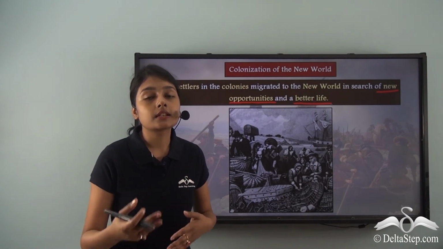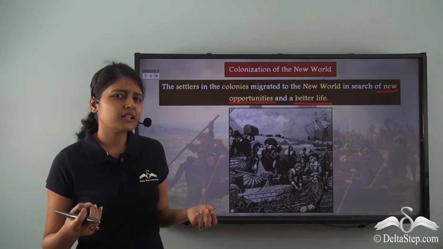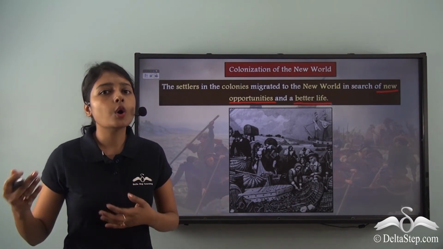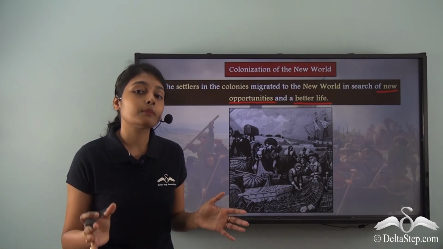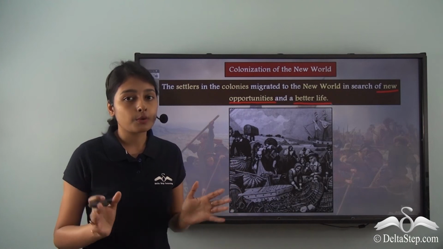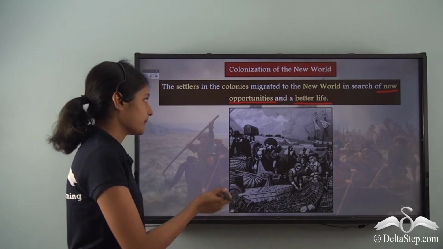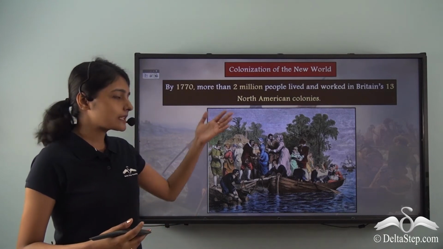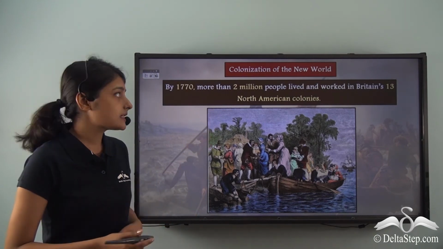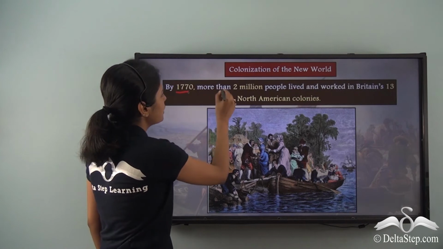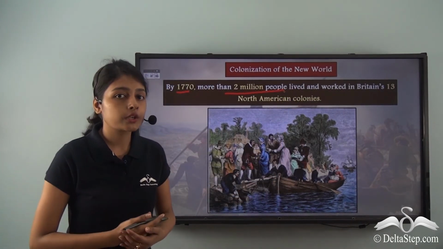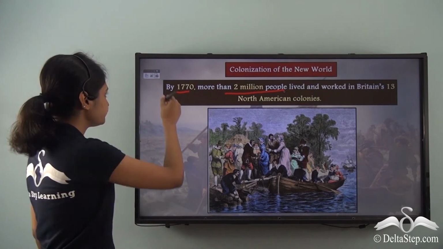These colonial settlers faced difficult and turbulent lives back in their nations, and they came here with the hope that the New World will give them a better life and better opportunities. As you can see here, by 1770, more than 2 million people had settled in Britain's 13 North American colonies.